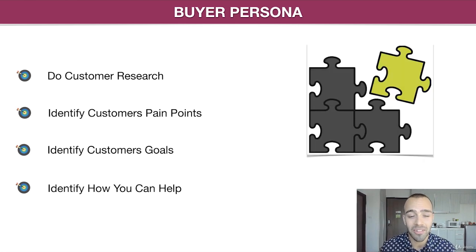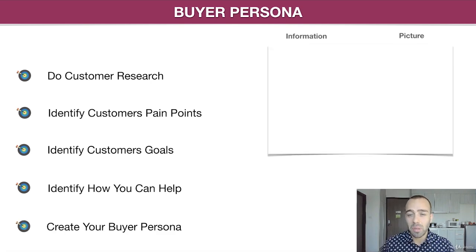Now, this could be a puzzle in its own, but by doing your customer research, by identifying your customer's pain points, identifying their goals, and understanding how you can help them, we can now start building out our buyer persona. So let's do that. Now, we would like to collect information, and we would also like to put up a picture of our potential customer.